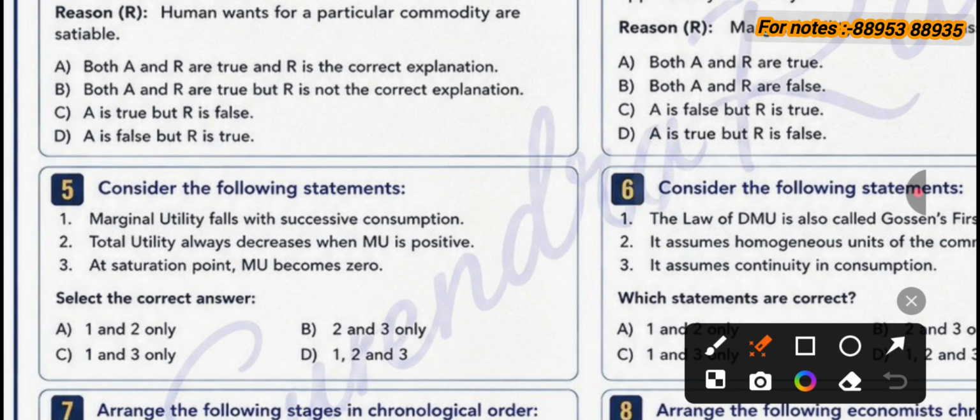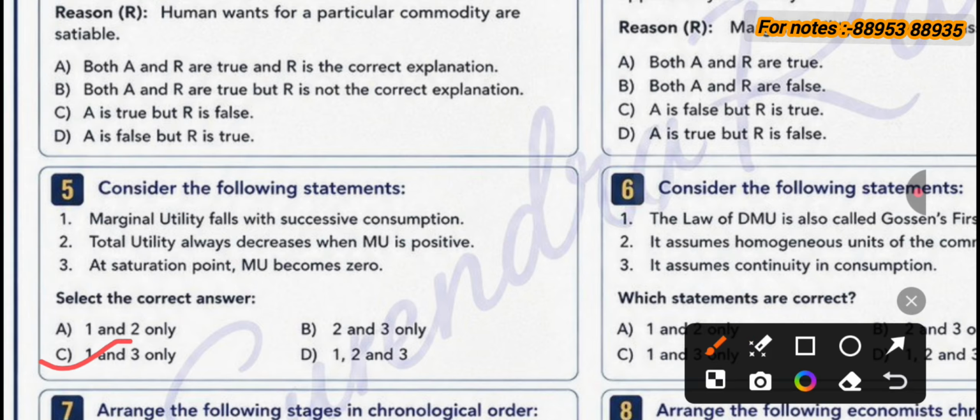Statement 3, at saturation point marginal utility becomes 0. Here option A is 1 and 2 only, option B 2 and 3 only, option C 1 and 3 only, option D 1 to 3. Then what is the correct answer here? The correct answer is option C.